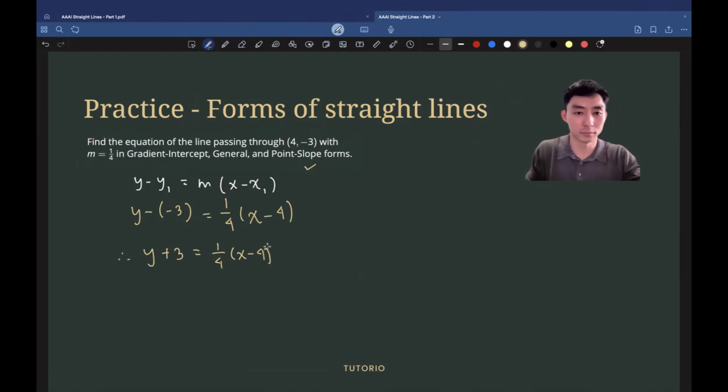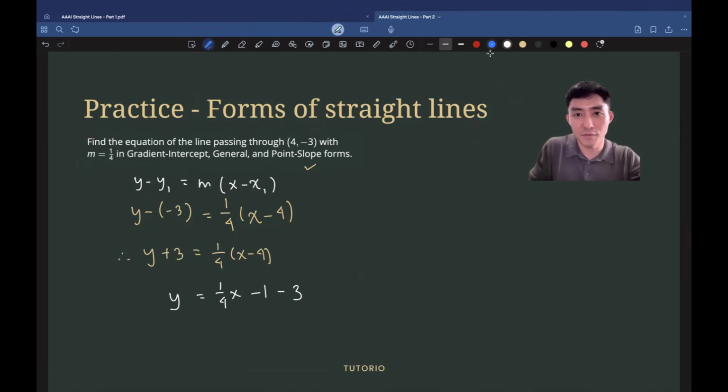Now, from here, we can go into general form first, or gradient-intercept first, it is up to you. But let me start with the gradient-intercept. We isolate the y, because gradient-intercept is y equals mx plus c. So we expand here, 1 over 4 x, and the 1 over 4 times minus 4 becomes minus 1, and plus 3 moved over becomes minus 3.